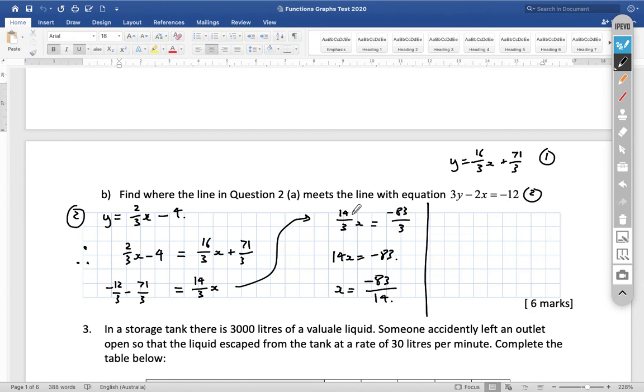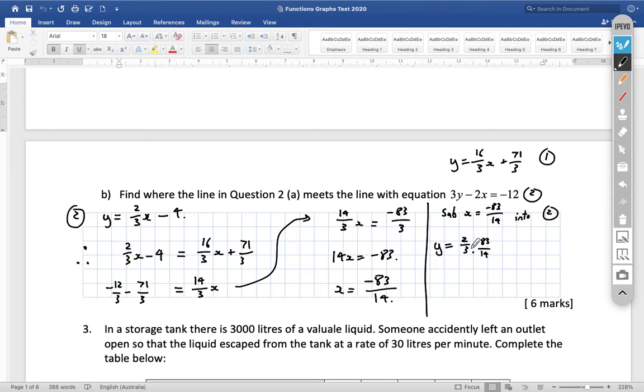So if I know that y equals 2/3 x minus 4, I'm going to sub x, running out of room, minus 83 on 14 into equation 2. I could say the y is 2/3 times minus 83 on 14 minus 4.